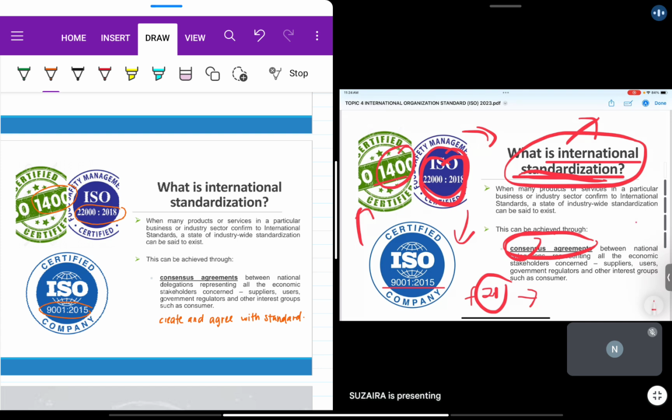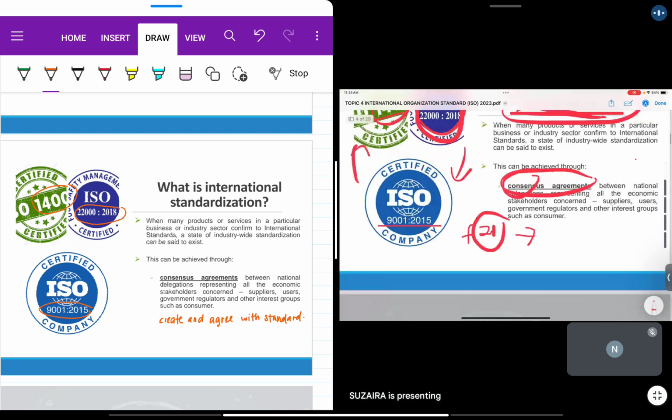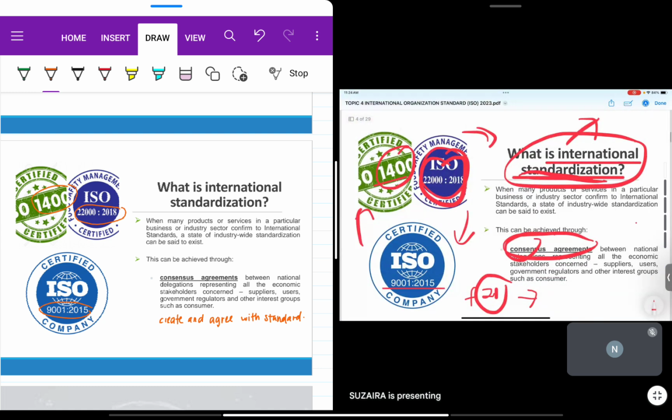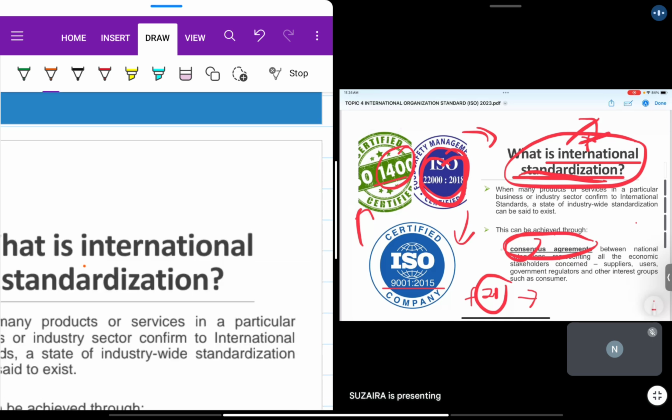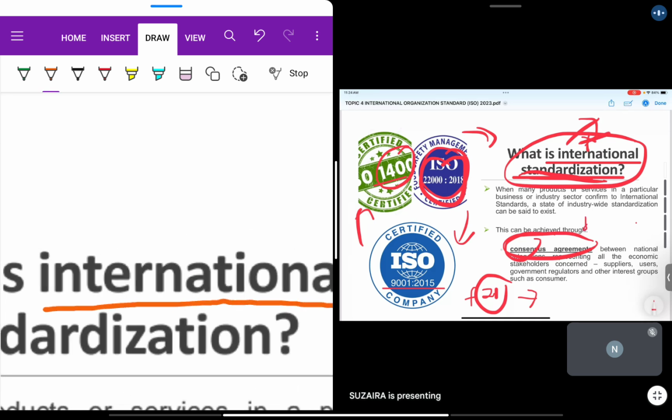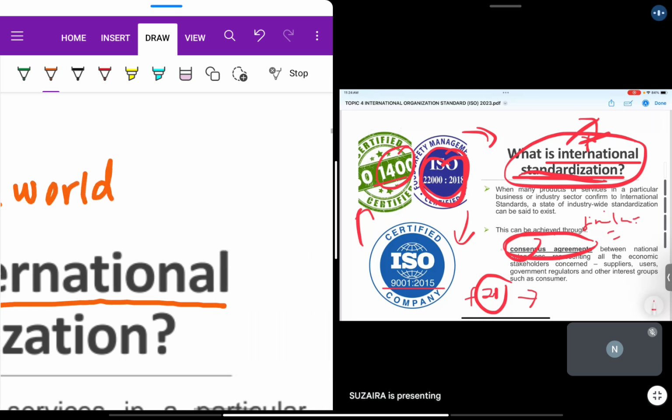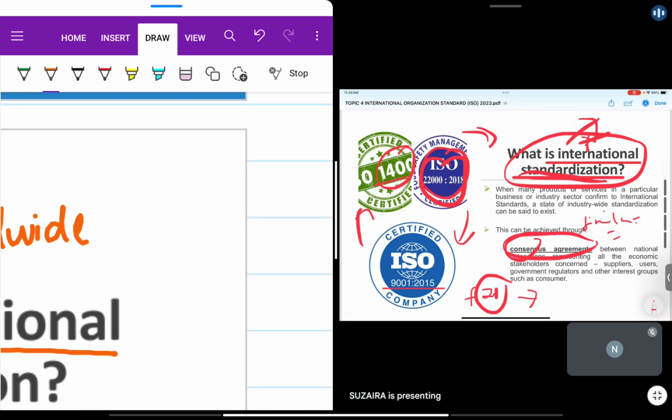Okay, all right. And as I mentioned, when you talk about international, because we use similar references, this standard can be used as a guideline by company A or B.